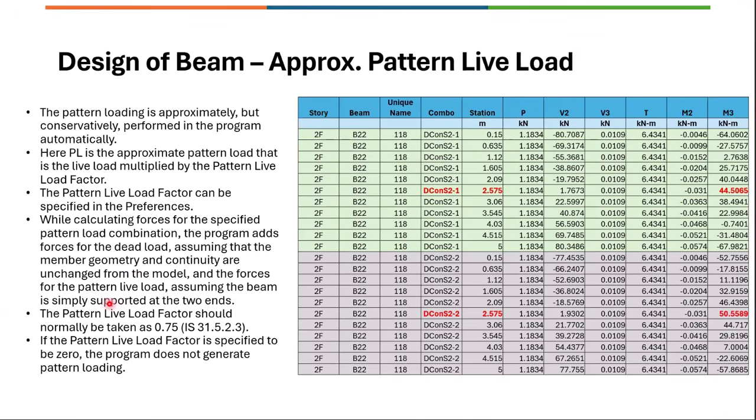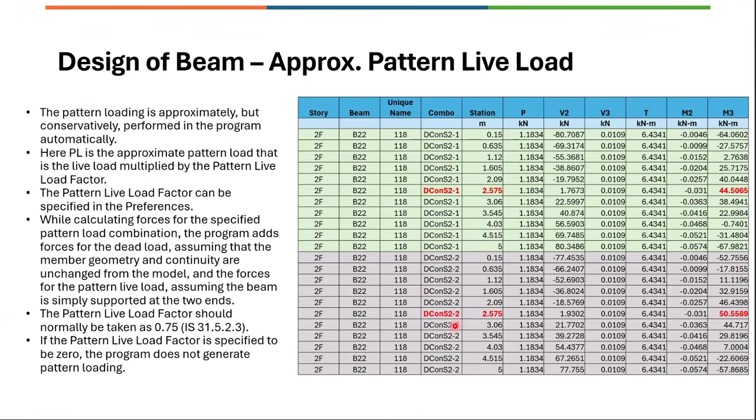The arrangement which can cause a larger mid-span moment, you can see. Whenever a combination is of dead and live, it gives an output, for example, DCON S2, and it will have a suffix of 1 and 2. 1 is without pattern live load, and 2 is with pattern live load.